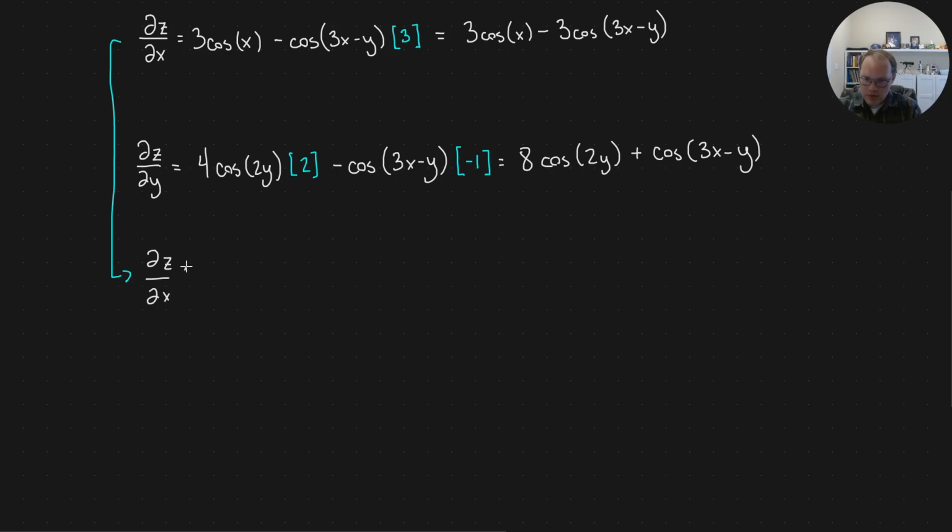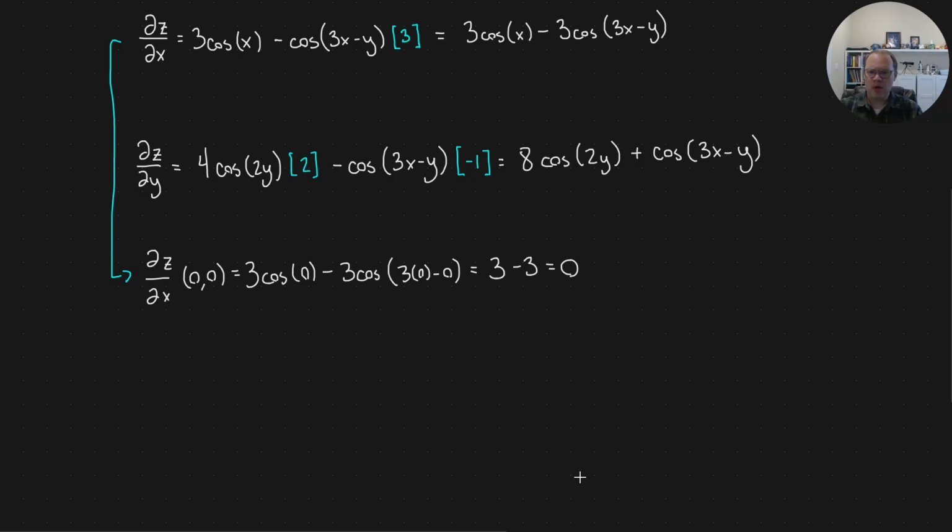The partial derivative at x, y equals 0, 0. I'm going to get 3 times cosine of 0 minus 3 times cosine of 3 times 0 minus 0. Again, the interior of these are just going to be 0. So I get cosine of 0 and cosine of 0. Cosine of 0 is just 1. So I'm just going to get 3 here minus 3 here. I'm getting 0.